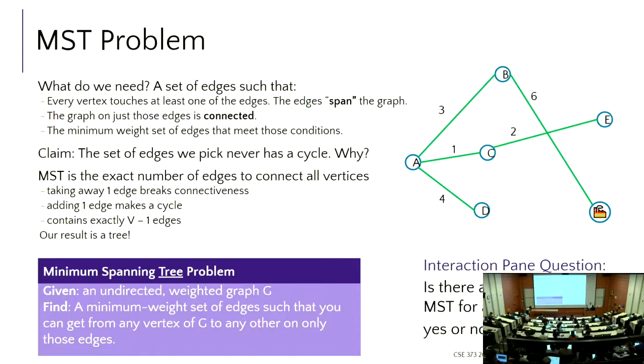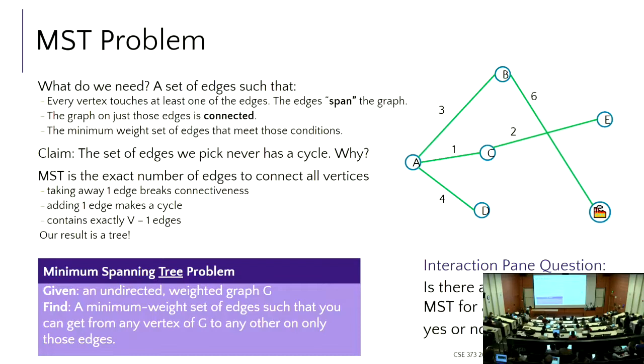And why is that? The reason is because the MST, minimum spanning tree, has the exact number of edges to connect all the vertices. If you take away one edge, you will break connectivity, right? Because I want the minimum set. If I have excess edges that I can take away and these things are still connected, that's not the minimum spanning tree.